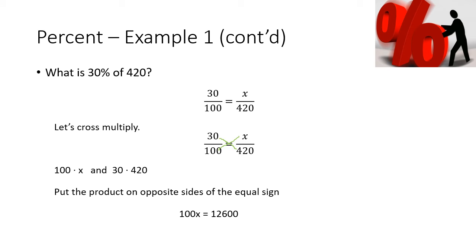We take the product of 100 and x and put it on one side of the equal sign, and the product of 30 and 420 on the other side. We like to have the x's on the left. There is no real rule to that. It's just something we're used to seeing. So we put the answer with that variable on the left side.